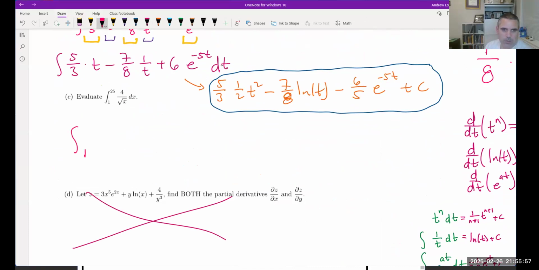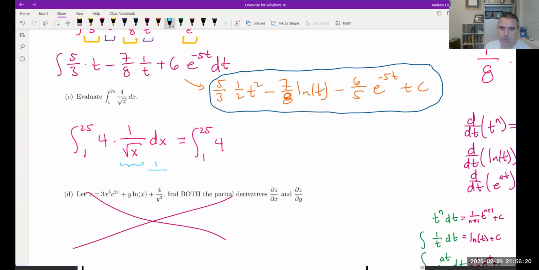So it's the integral from 1 to 25, 4 times 1 over the square root of x dx. So before I do integration or anything with the bounds, I'm going to become a calculus student. And what is this? We could say it in 2 steps if we want.